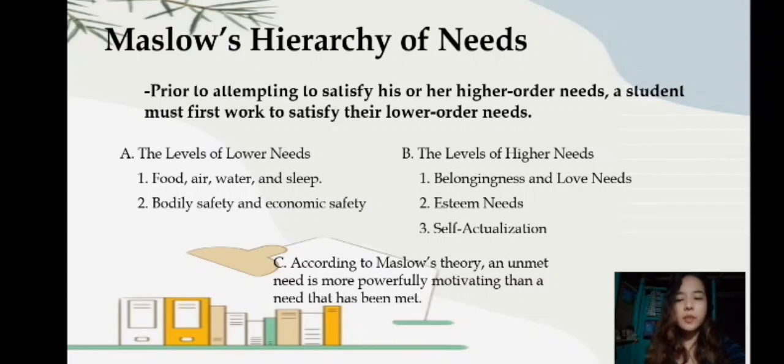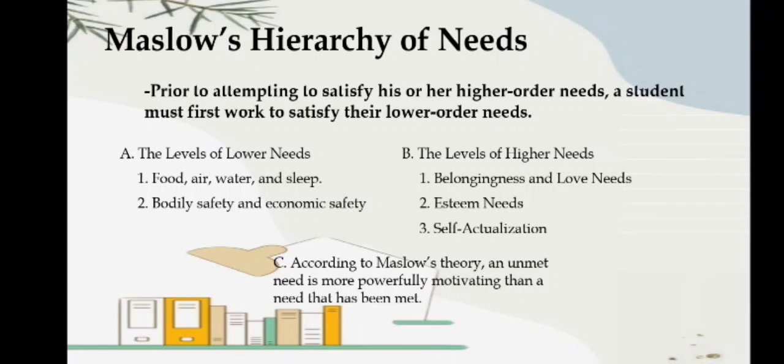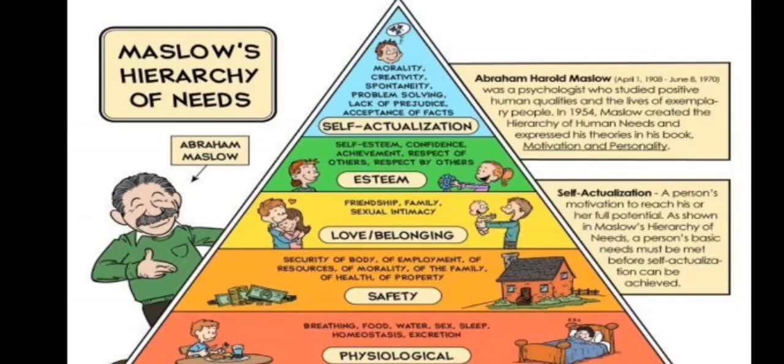Now, according to Maslow's theory, an unmet need is more powerfully motivating than a need that has been met. So, Maslow's hierarchy of needs is a motivational theory in psychology comprising a five-tier model of human needs, often depicted as hierarchical levels within a pyramid, as you can see in the illustration.